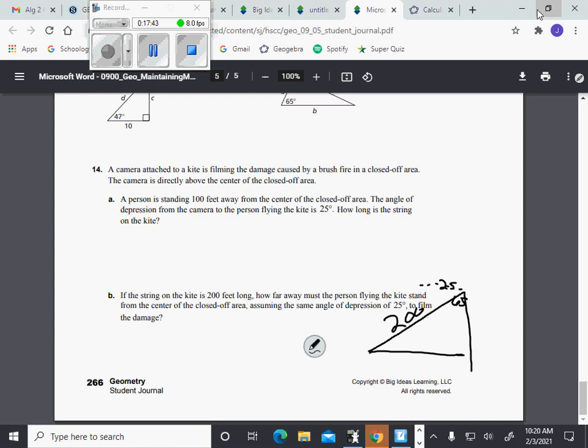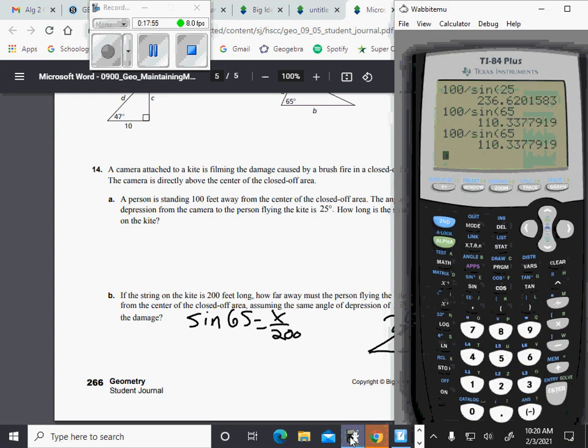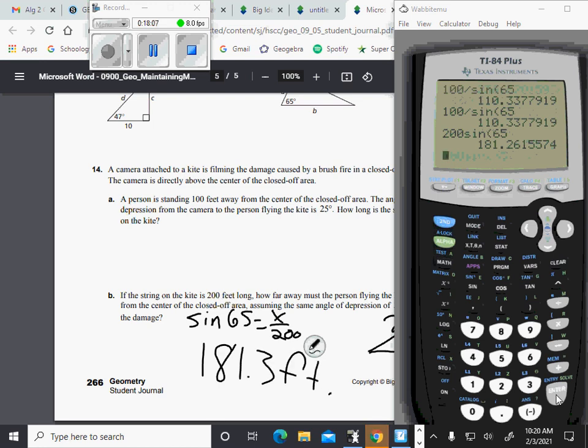We're wondering how far this length is here. So we have to take the sine of 65 is equal to x over 200. You just have to multiply 200 times the sine of 65, and you'll get your answer, 181.3 feet. Okay.